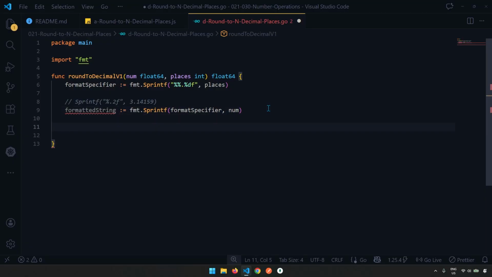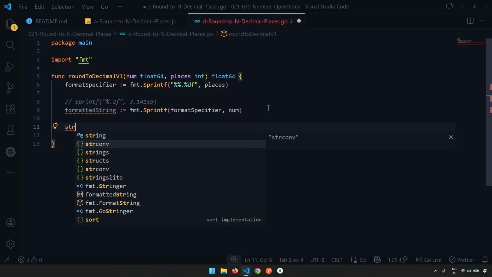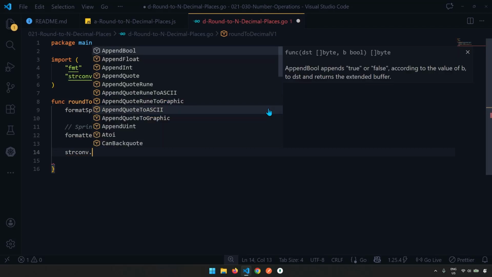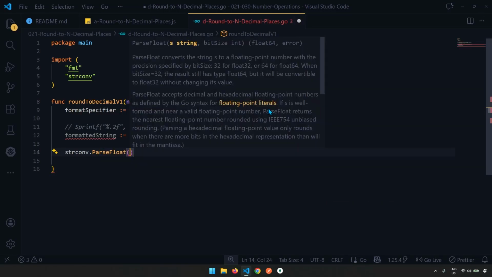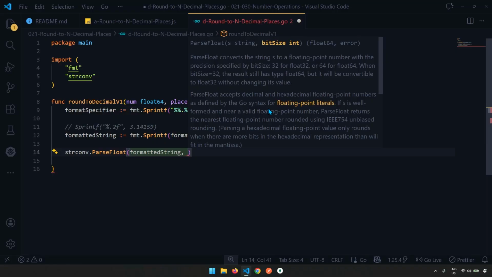And finally, we need to convert this formatted string into a number because that's the return type of this function as well. So we have this strconv string conversion library, which I just imported. On there, we have ParseFloat, to which I'm going to pass the formatted string, and I'm going to pass in how I want this to be converted into a number.